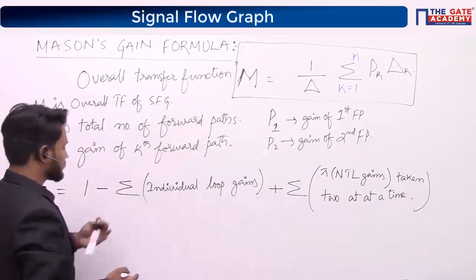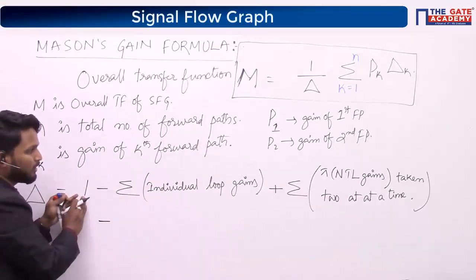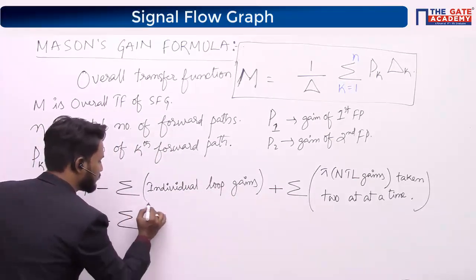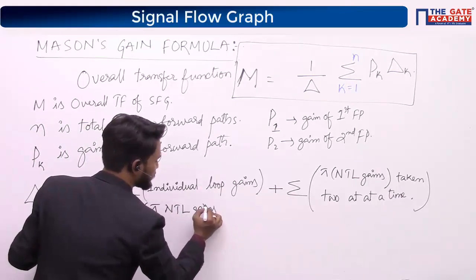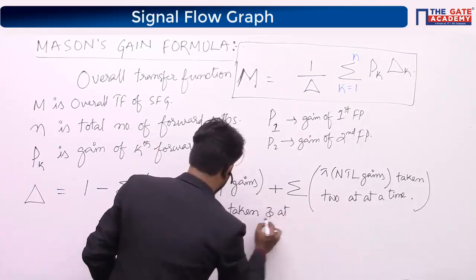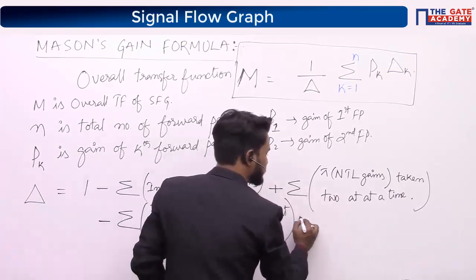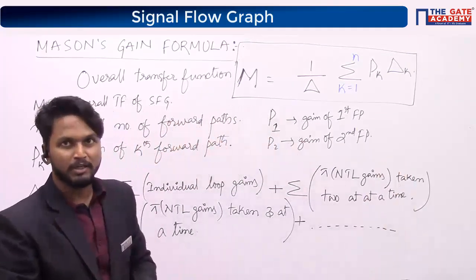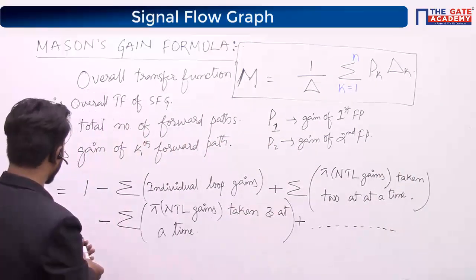Next it is minus again. Alternating sign change will be there: 1 minus, plus, again minus, right? So minus summation of product of non-touching loop gains taken 3 at a time, and this continues so on, depending on the number of non-touching loops we have. So this is about delta.